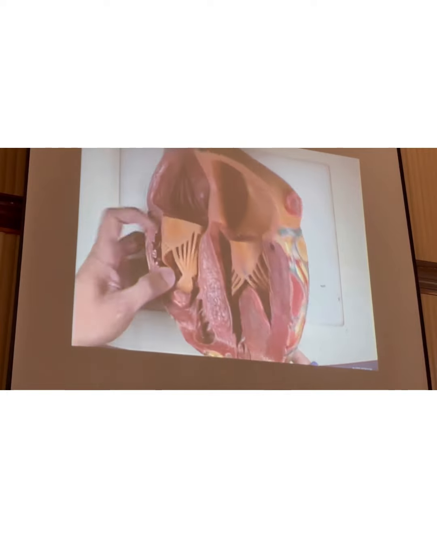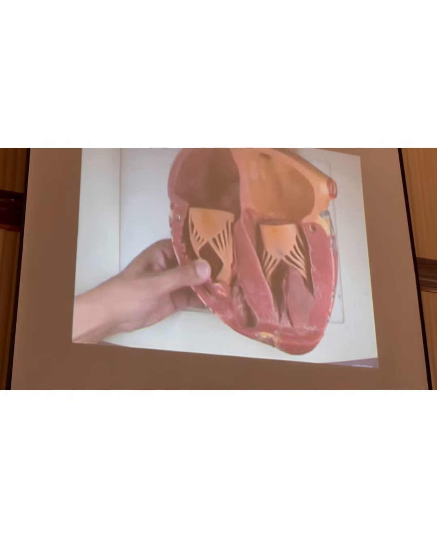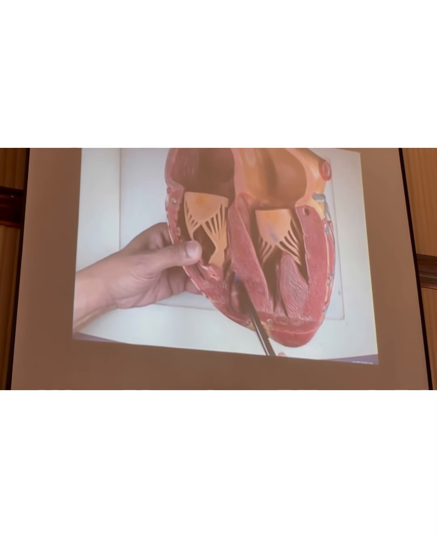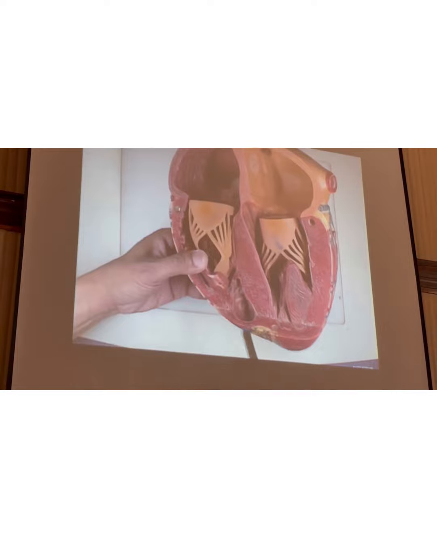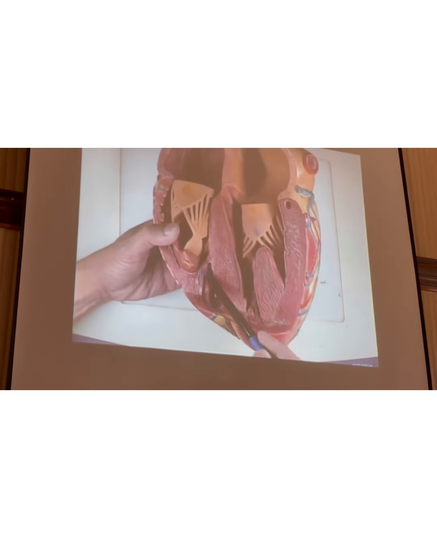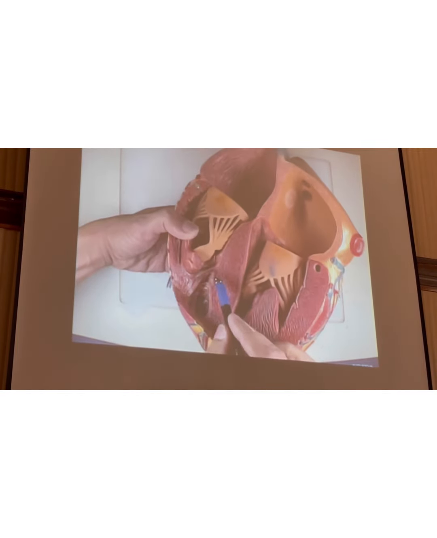The second form is the moderator band. The moderator band is a band that connects the anterior wall of the right ventricle and the interventricular septum. This is the moderator band.